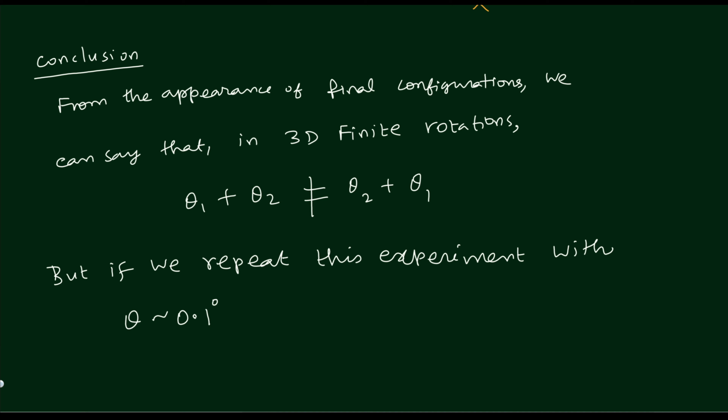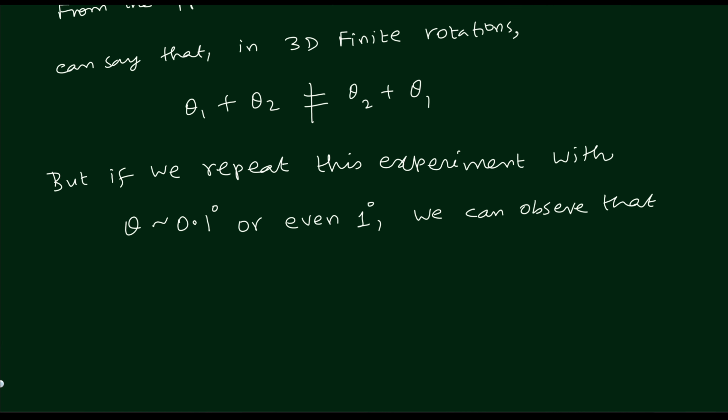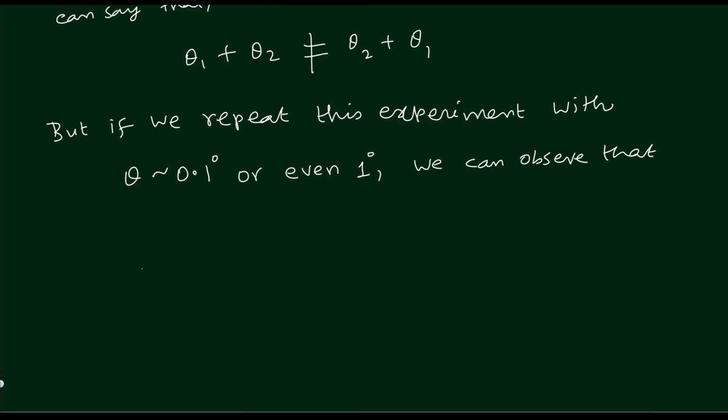So we reject the option. But at the same time, now I'll make a conclusion saying that if you repeat the experiment with a smaller angle like 0.1 degree, then the vector addition will be obeyed. This particular experiment, a rotation of about 0.1 degree, is something that you can imagine and try.